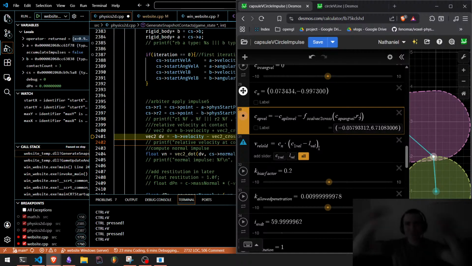For that specific point, we're determining how much it's moving based on the angular velocity, because depending on how the shape rotates, this point is going to move relative to the other point. I don't know if I can explain it that well.